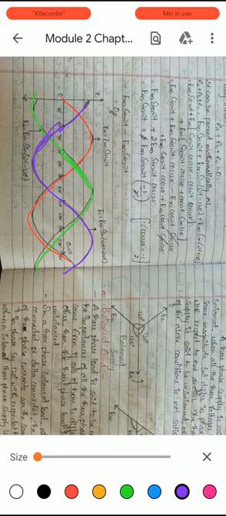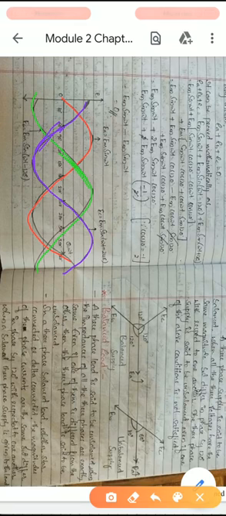Later it will be 0. So red color indicates it is Em sin omega t, and green color indicates it is Em sin omega t minus 120 degrees, and the last one indicates it is Em sin omega t minus 240 degrees. This is how we are going to generate a three-phase voltage.